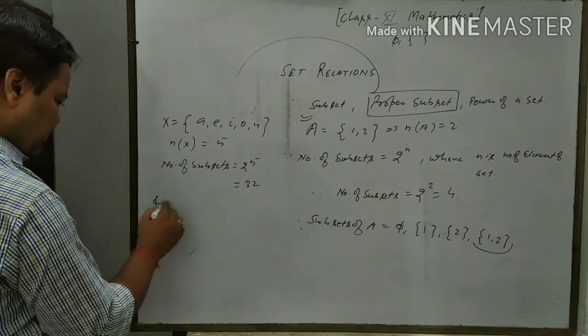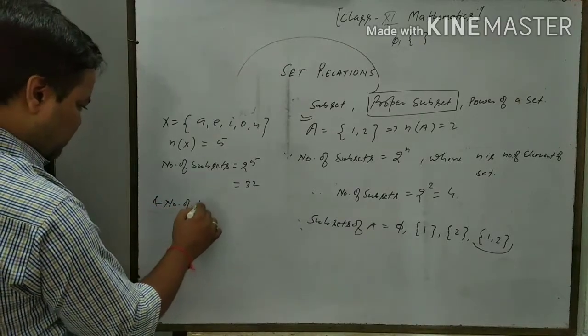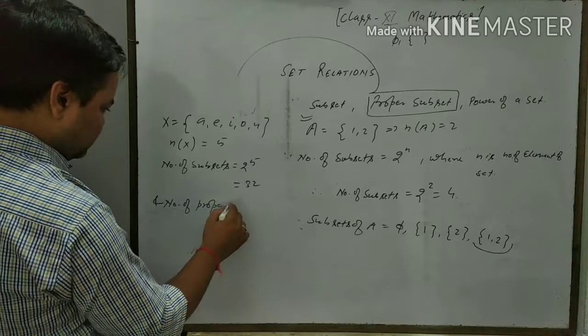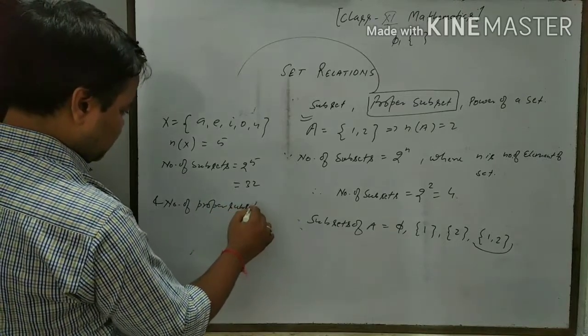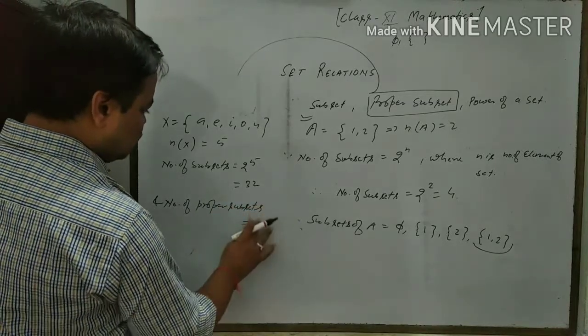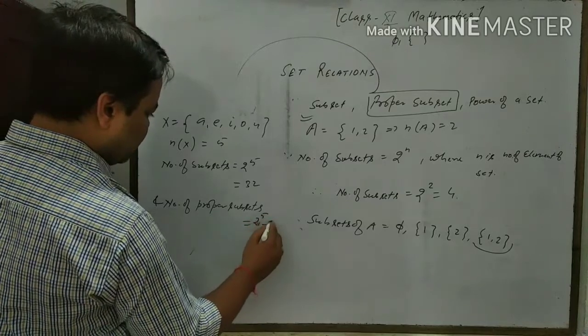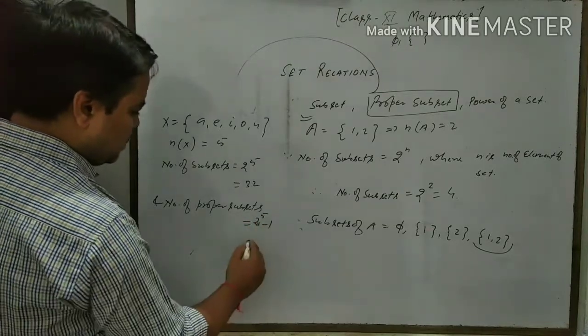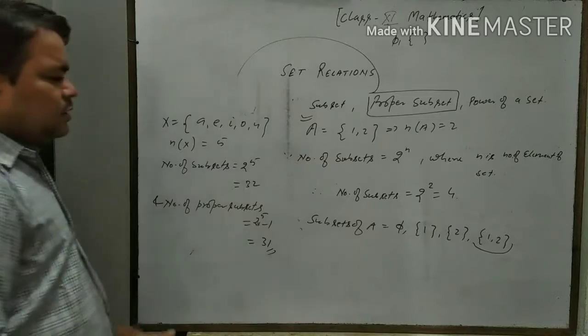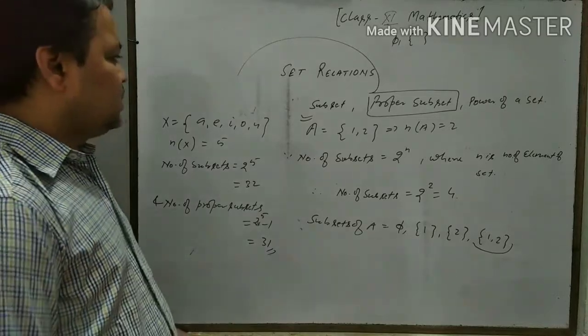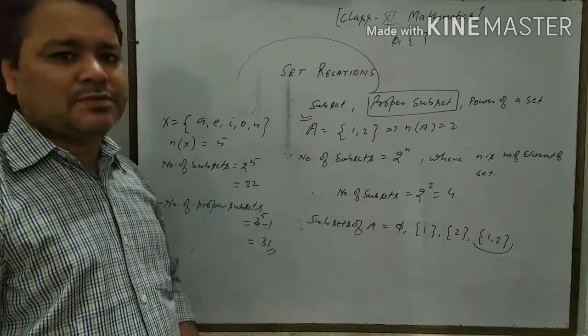And the number of proper subsets is what? 2 raised to the power 5 minus 1 according to the formula, and that will be 31. In this way, we can find the subsets and proper subsets.